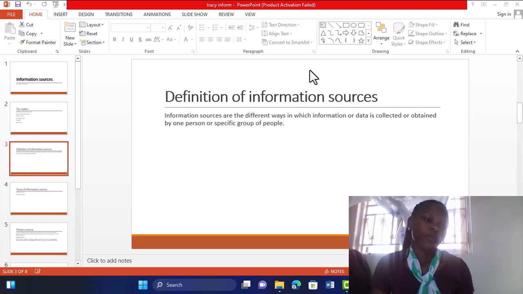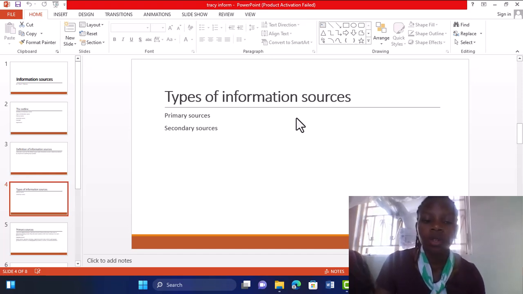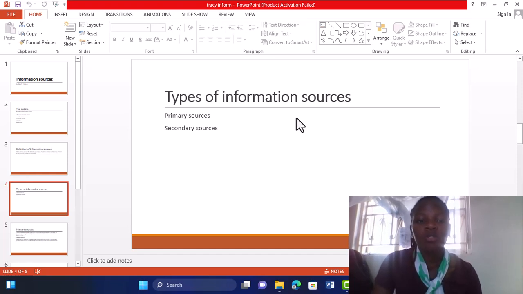In our next slide, we have the types of information sources. They are two: the primary sources and then the secondary sources. So we need to understand one by one. What is a primary source? What is a secondary source? What is its importance? And also maybe their examples.